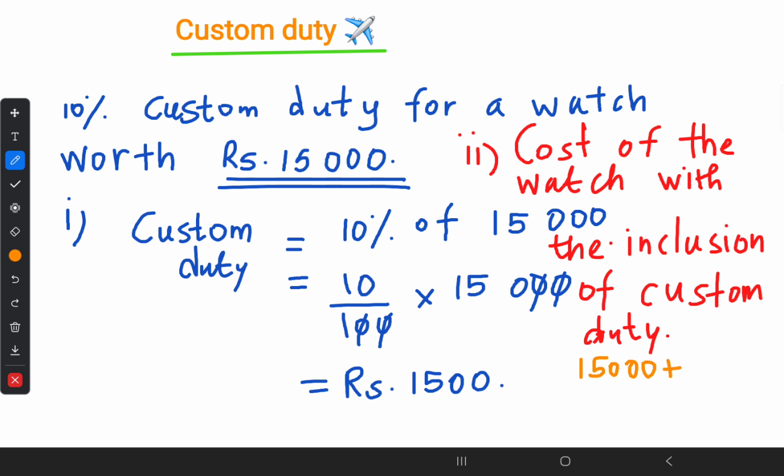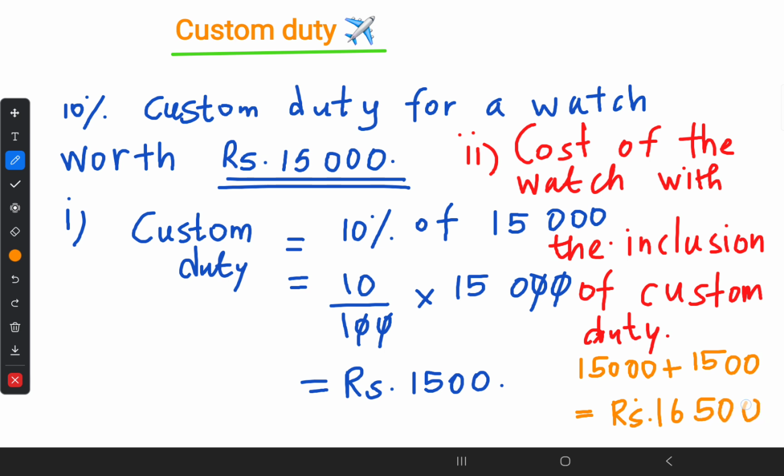inclusion of custom duty, because when you need to bring that item out of the harbor or out of the airport, definitely you need to pay the custom duty. After paying the custom duty, the product price is not the same anymore. That will be increased. 1,500 plus 15,000, the original price, both together rupees 16,500.